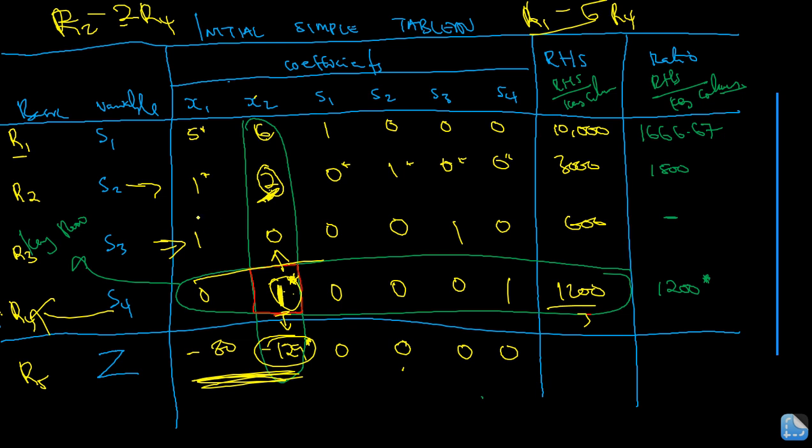So we have the first row, or row 1. We need to reduce these values in row 1. How do we do it?